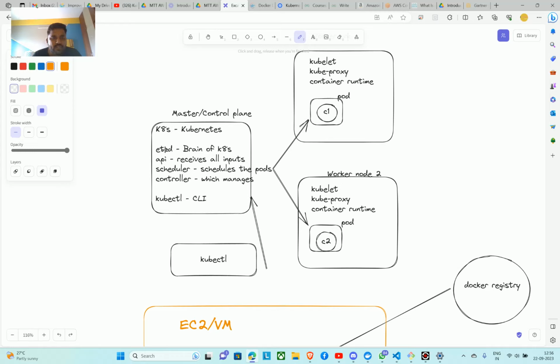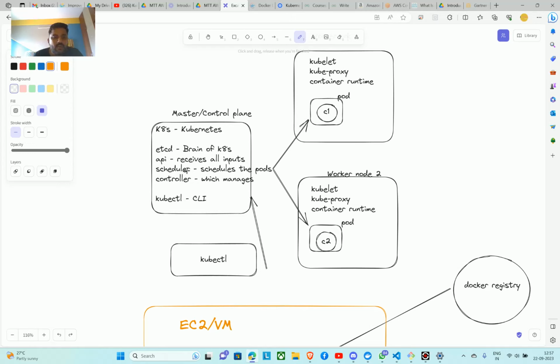And once it is stored, the request goes to the controller. The controller is like a boss in the master or control plane, managing everyone. This controller will tell the scheduler, hey scheduler, we have received a request from the API and we have stored the necessary information in the etcd.